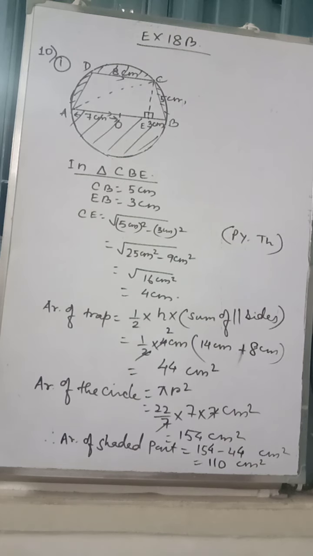Look at figure number B. Here you have a circle and inside the circle there is a parallelogram, and you have to find the area of that shaded part. You can see the circle has a radius of 7 centimeter and the base of the parallelogram is 4 centimeter and the height of the parallelogram is 1.4 centimeter.